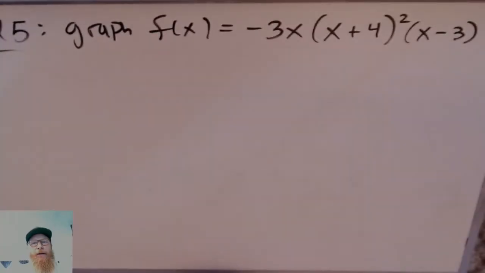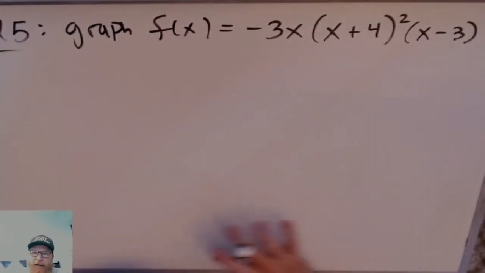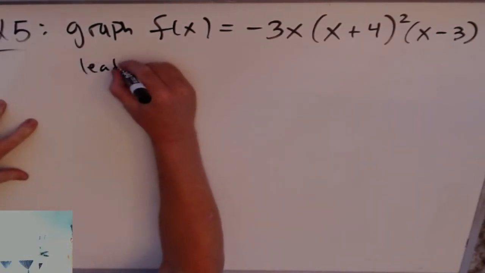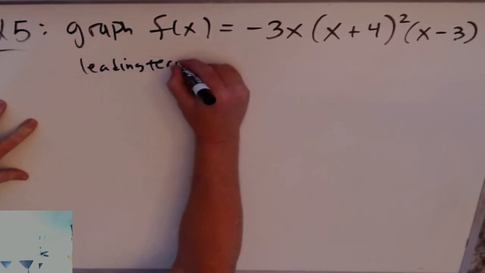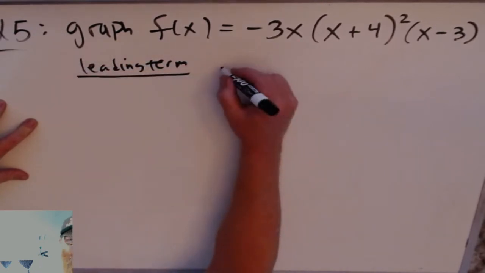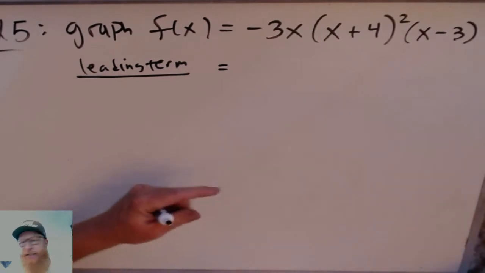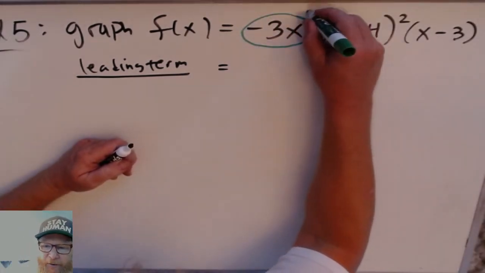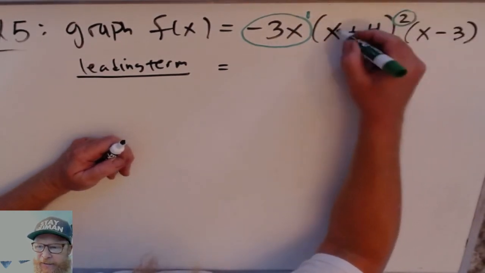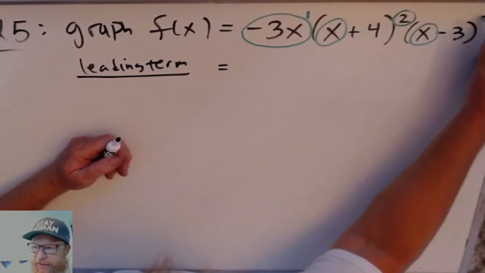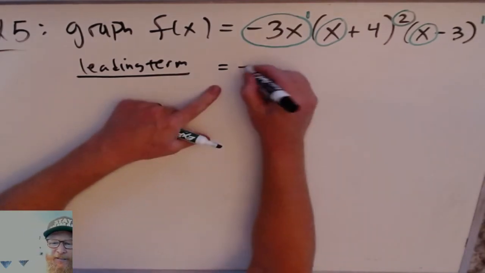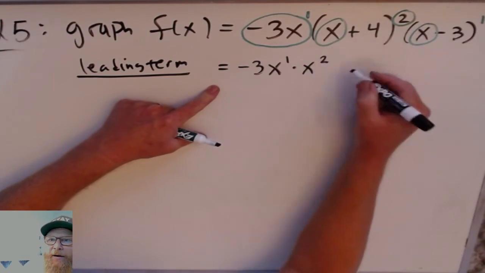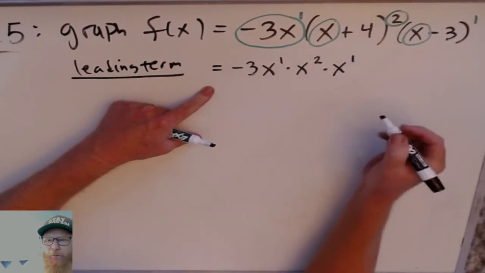There we go. Okay, so before I plot any points, let's just run through everything that we know. What would the leading term be? Again, we did this in the last lecture. So you look at the leaders, you look at the powers. This is x to the 1, this is x squared, and this is another x to the 1. So this is negative 3x to the 1 times x squared times another x to the 1.